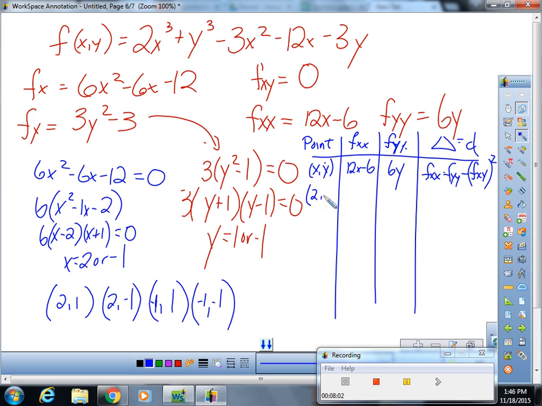2 comma 1, 2 comma negative 1, negative 1 comma 1, and negative 1 comma negative 1. Alright, so this is 24 minus 6, that's 18. This is 24 plus 6, right? Oh, there's no y.